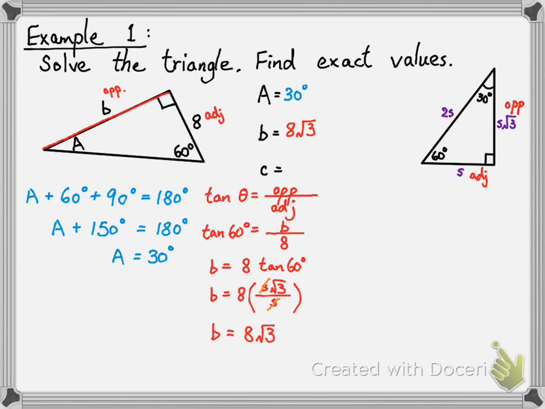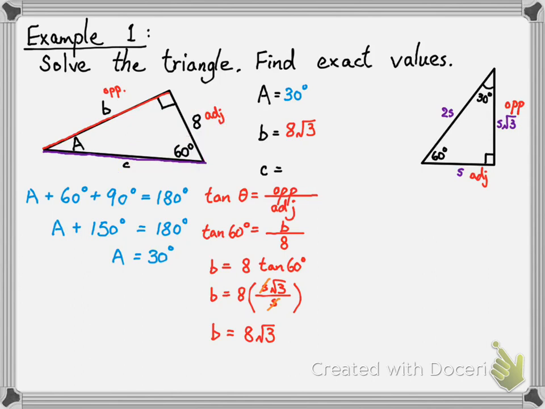Now we are going to look at how to find the side C, this missing side. We begin to think of what trigonometric function will use the adjacent side and the hypotenuse. That's right, cosine.